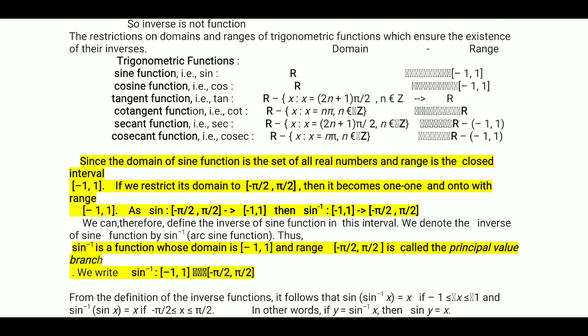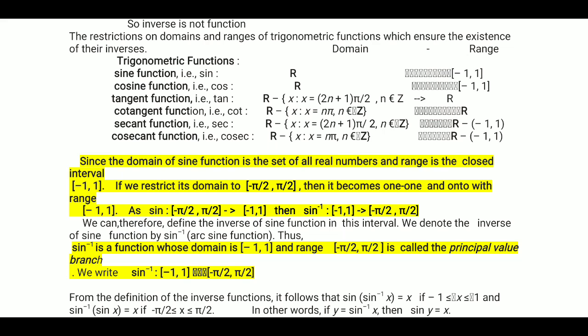Since the domain of the sine function is the set of real numbers and the range is the closed interval [-1, 1], if we restrict its domain to the closed interval [-pi/2, pi/2], then it becomes one-one and onto with the range [-1, 1].